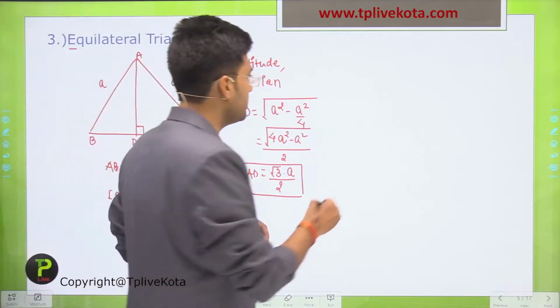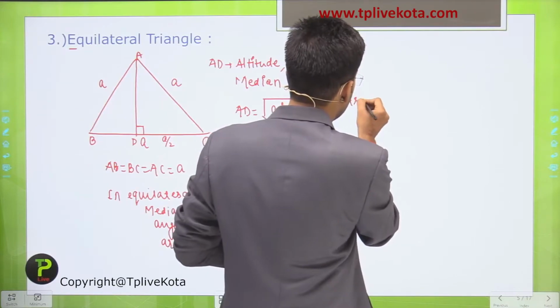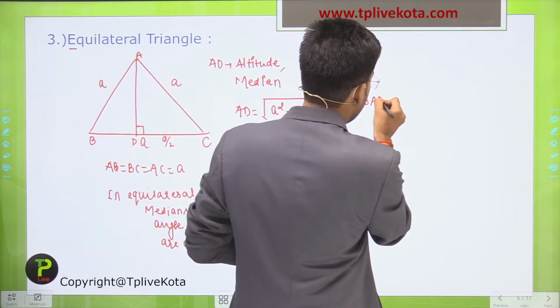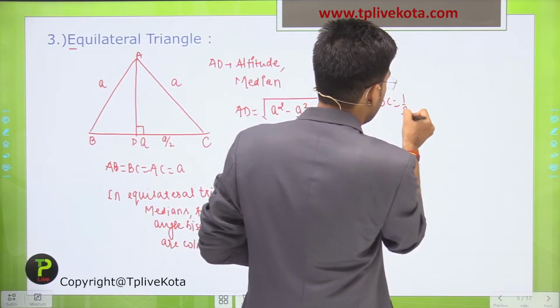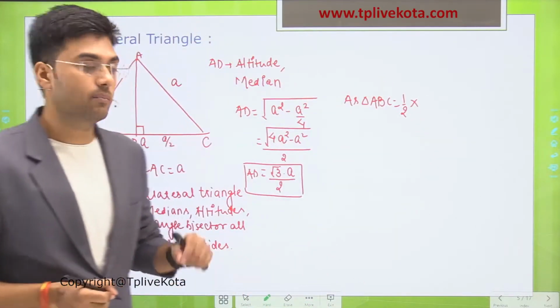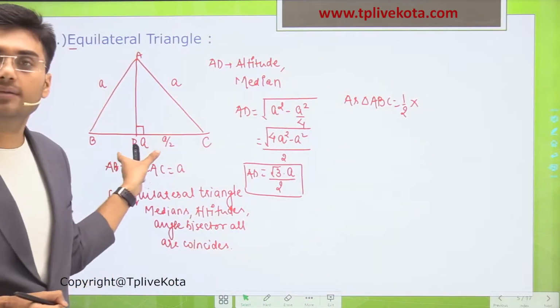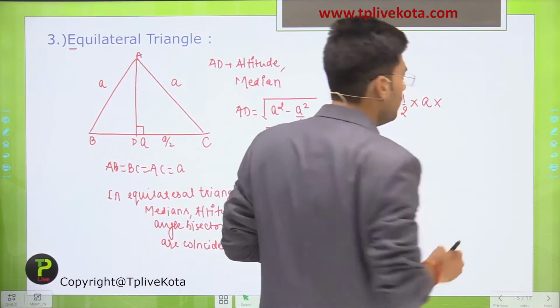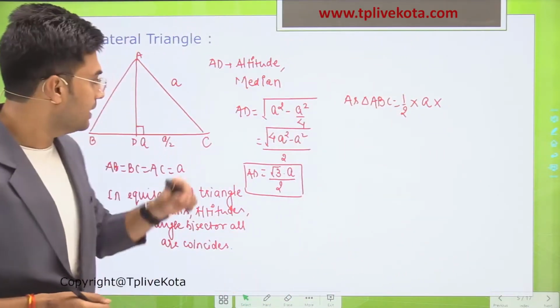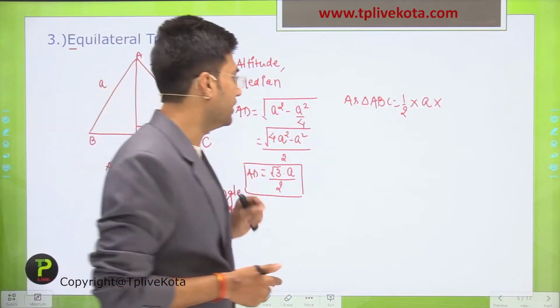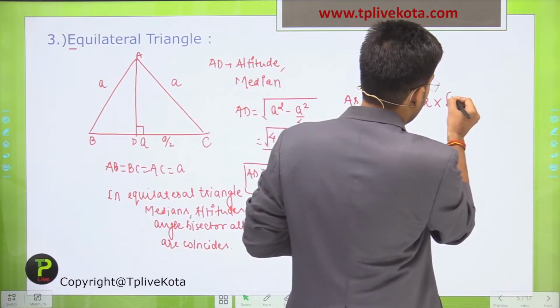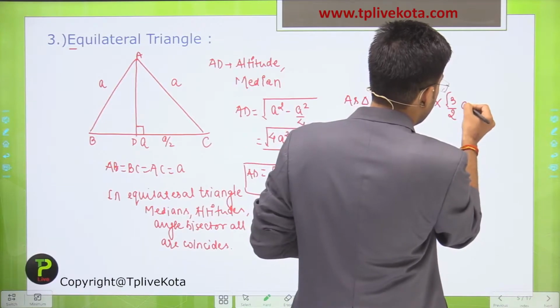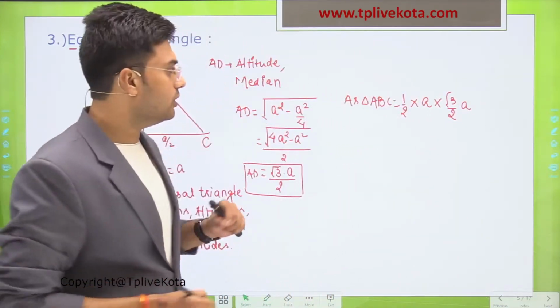Now what is the area of the triangle? Area of triangle ABC is half multiplied by base. Base is A. Now what is the height here, students? Height is root 3 by 2a. So when we solve this, what will we get?